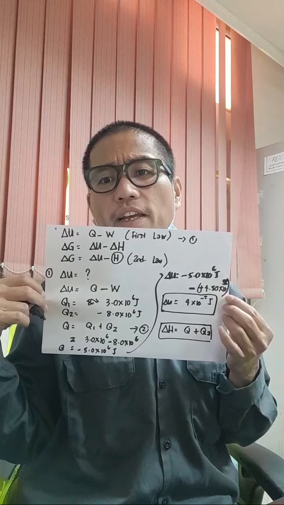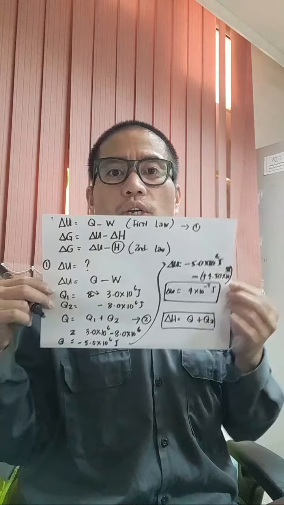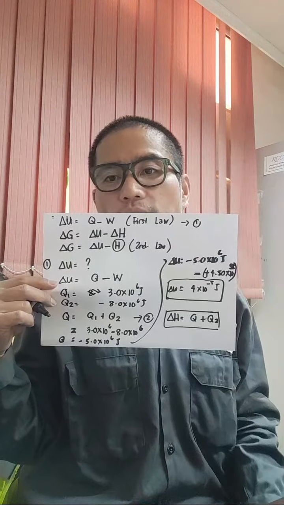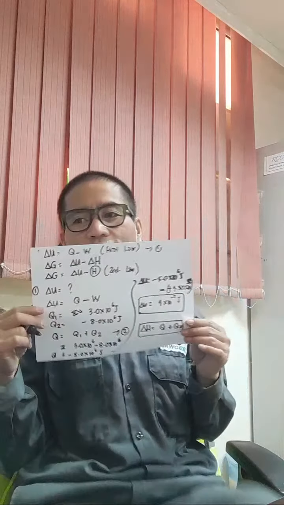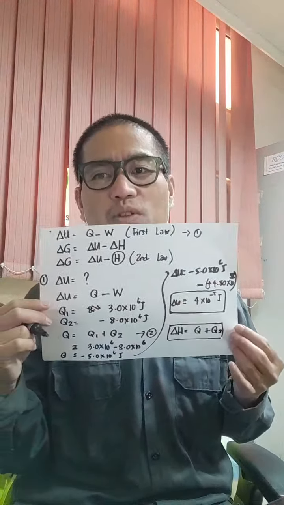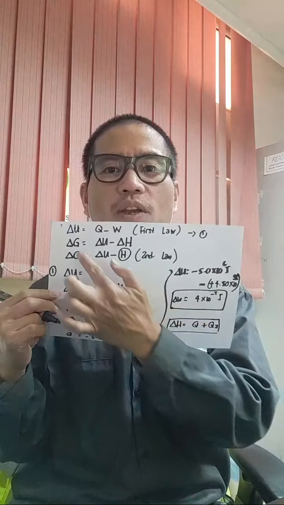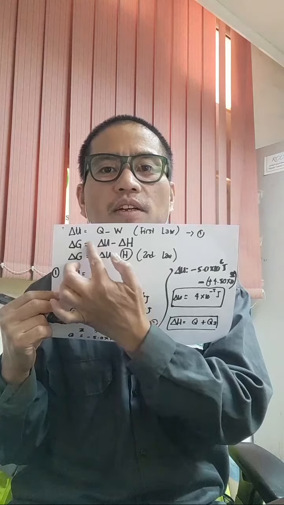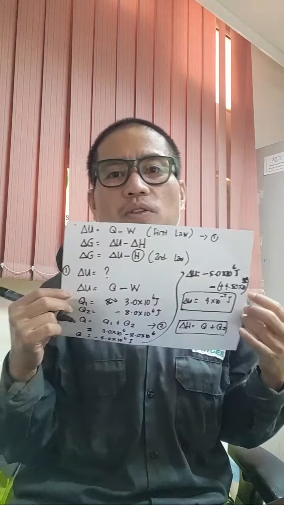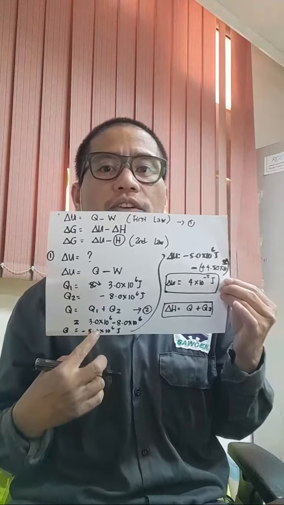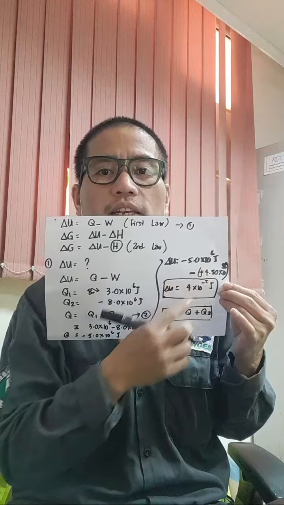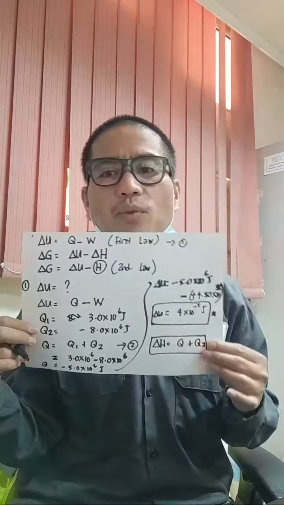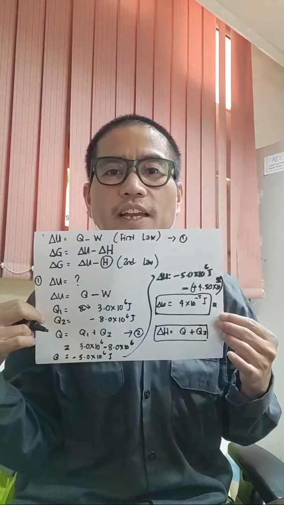We substitute into delta U is equal to Q minus W, with the Q already computed, then minus the work. This is only a computation, a direct substitution.